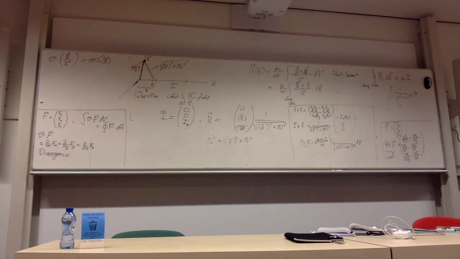Does anyone know? Is it ln something? No. The ln you would get if you had 1 over a thing to the power 1. You have now to the power 3 over 2. One more time.